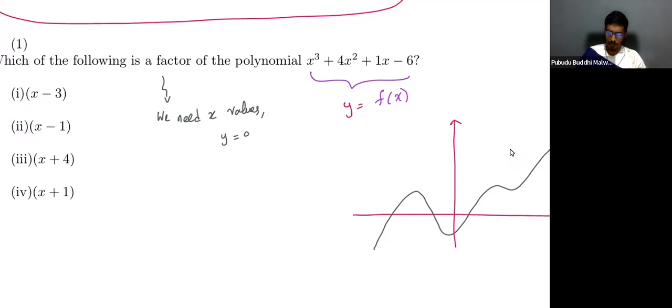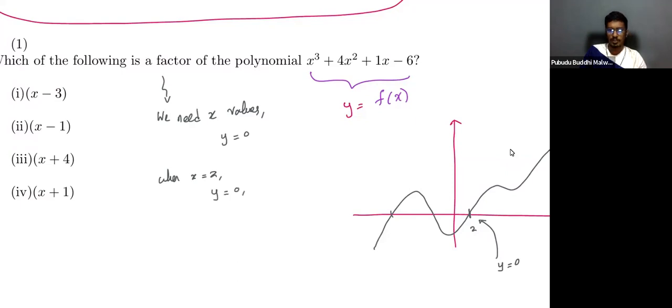For example, let's suppose this value, 2. Let's suppose 2 is an x-intercept. Then for this x value, y equals 0. In other words, when x equals 2, y equals 0.